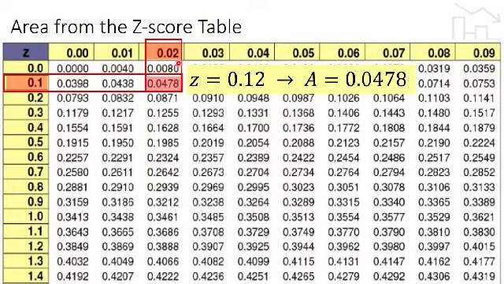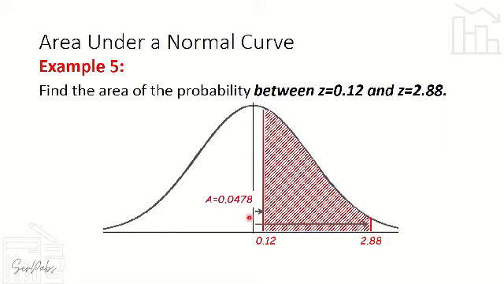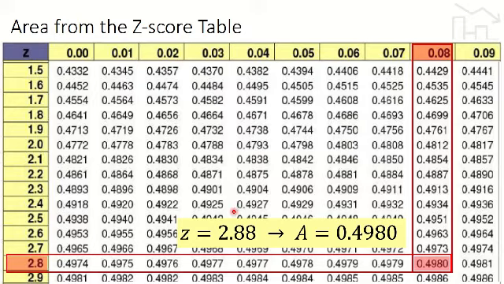So, pag kinuha natin yung ating 0.12, so the area of 0.12 is equal to 0.0478. So, ito yon. So, i-label natin. So, ayun yung area ng ating 0.12, 0.0478. And then, kunin naman natin yung area ng ating 2.88.